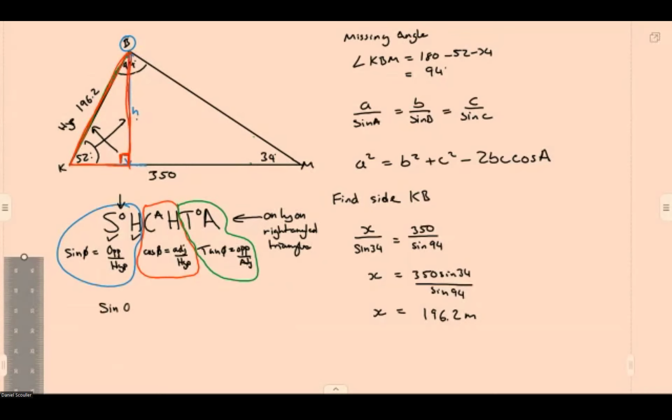Sine 52 is equal to the opposite over the hypotenuse, which we've worked out to be 196.2. Sorting that out for the opposite, the easiest thing to do is spin that round, with the opposite on the left.